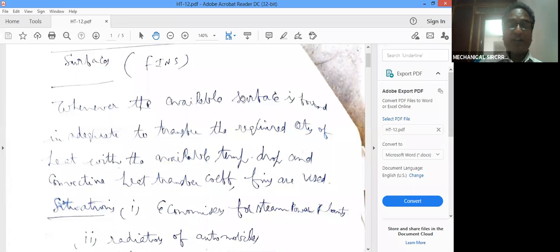But what can be changed? Surface area. If the surface area is inadequate, you can increase it, and if you increase the surface area, the heat removal rate increases.